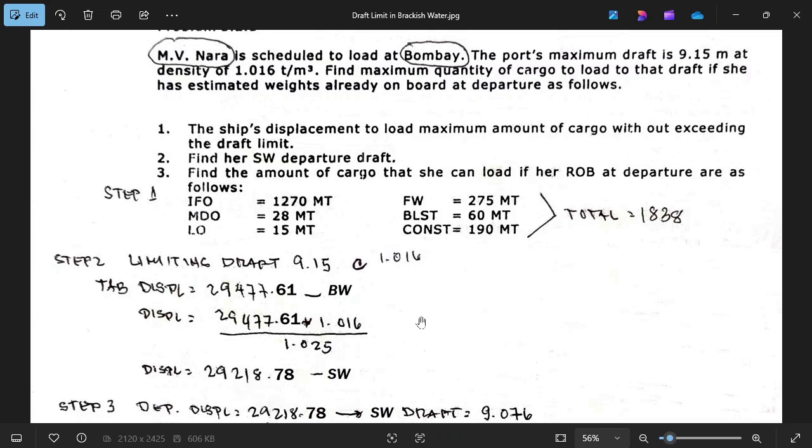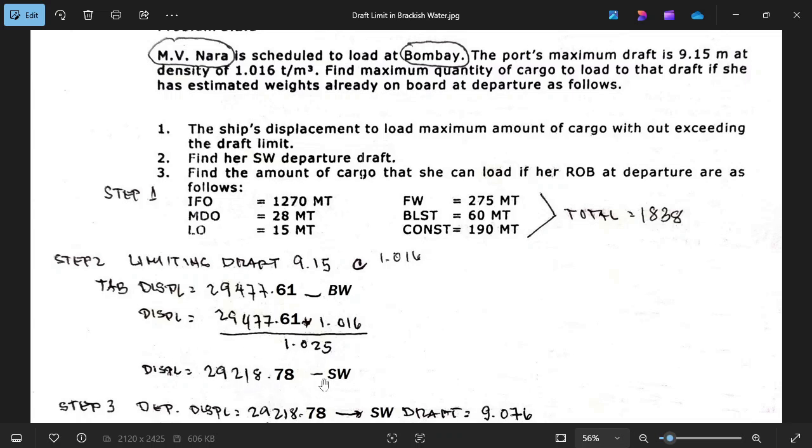So your displacement will be lesser than in brackish water, which is 29218.78.